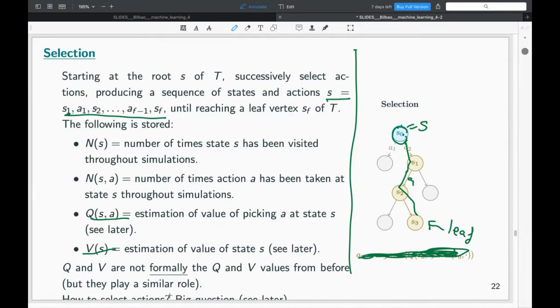I will explain how to select actions later, and also talk about Q and V later.